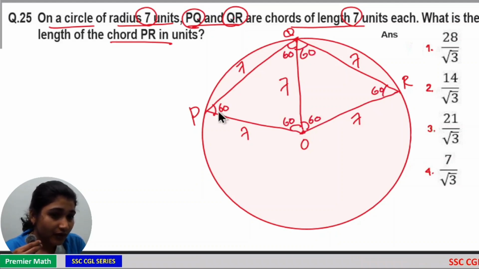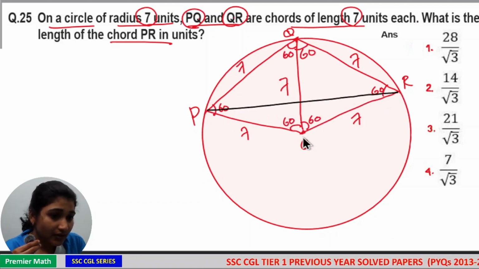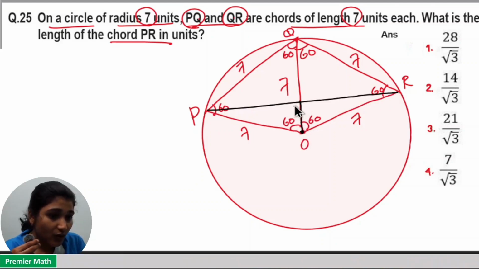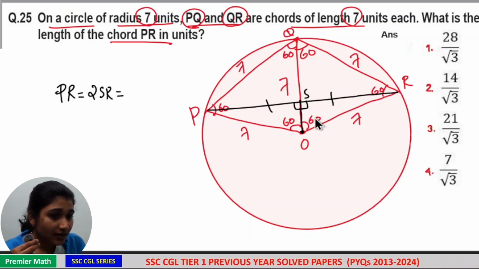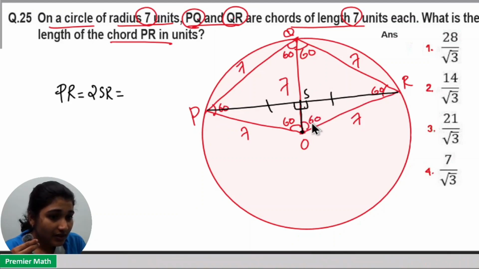Now we have to find the chord length PR. Here, this is the center of the circle. The center of the circle divides a chord perpendicularly into two equal parts. That is, if I take this point as S, SR is equal to SP. Then PR is equal to 2 times SR. Here, this is 90 degrees, this is 60, then this should be 30 degrees. Now take the cos of 30. Cos 30 is equal to root 3 by 2.